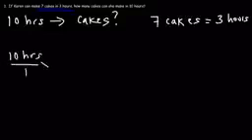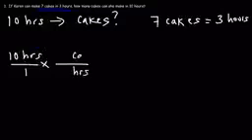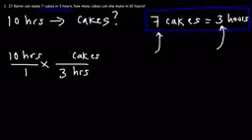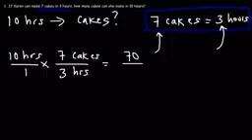We're going to put that over 1. And then we're going to convert that to the number of cakes that she can make. So because we have hours on top, we're going to put hours on the bottom and then cakes on top. And then we're going to use our conversion factor here. So there's a 3 in front of hours, a 7 in front of cakes, and now we can do the math. So it's going to be 10 times 7, which is 70, divided by 3.